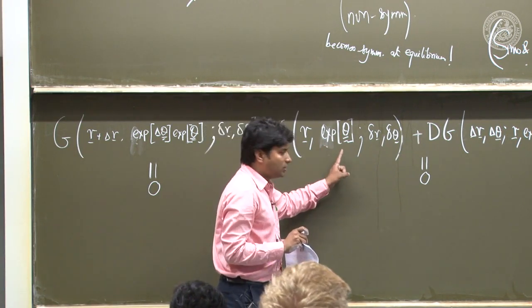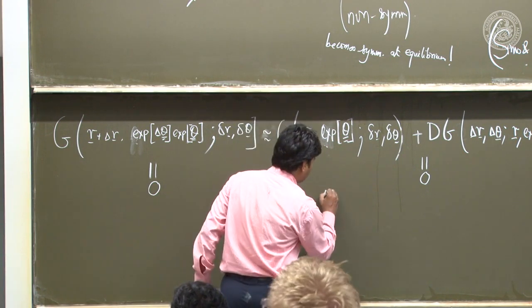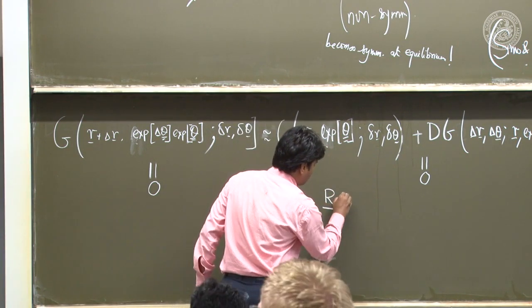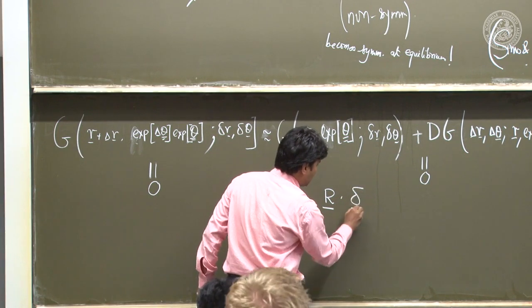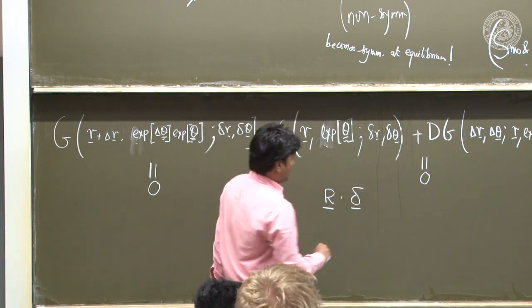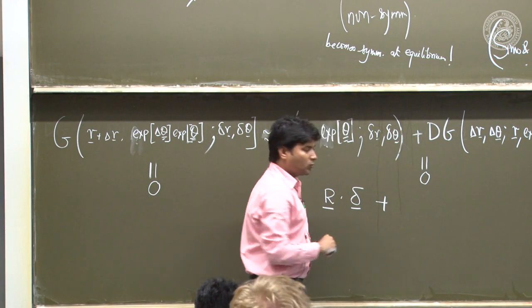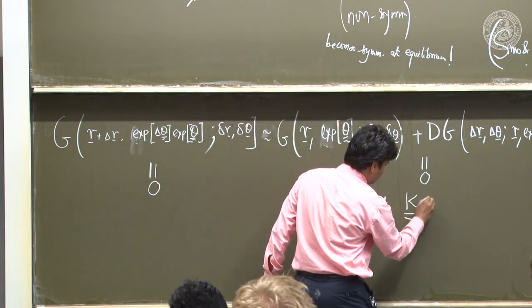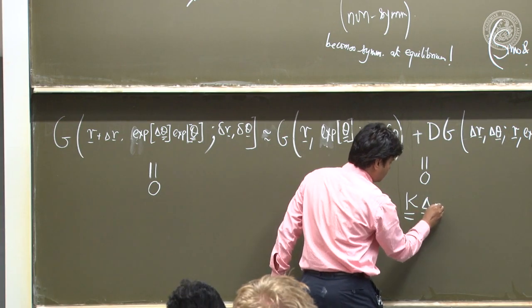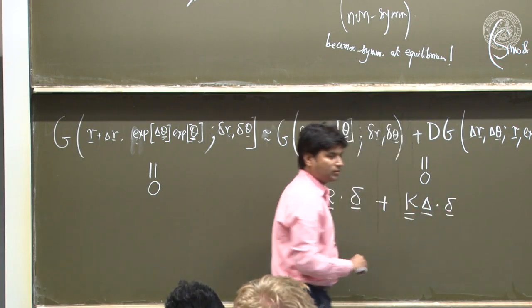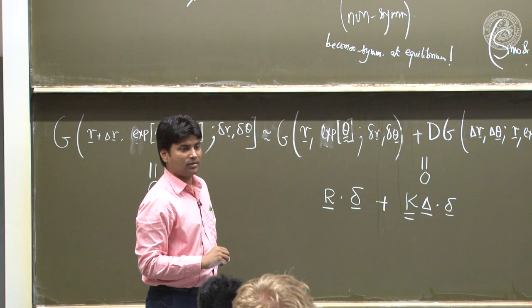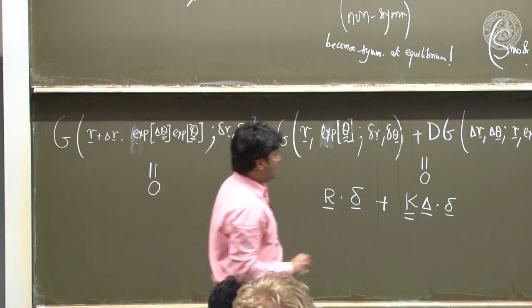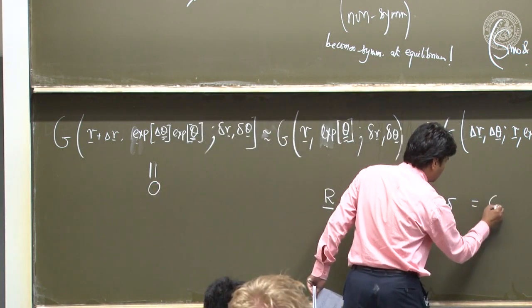See, your G, what did this become? This became big R dot del. And your dG, what did this become? k triangle dot del, right? And we have to set this equal to 0.